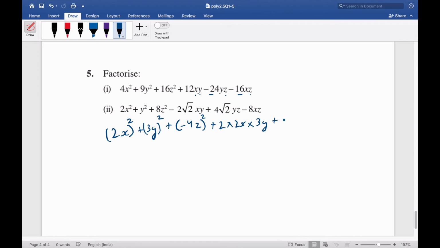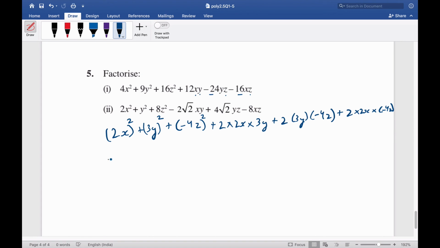Next, it should give me plus 2bc, so my b is 3y into −4z, plus 2 into ac, which is 2x into −4z. So this is a² + b² + c² + 2ab + 2bc + 2ac.